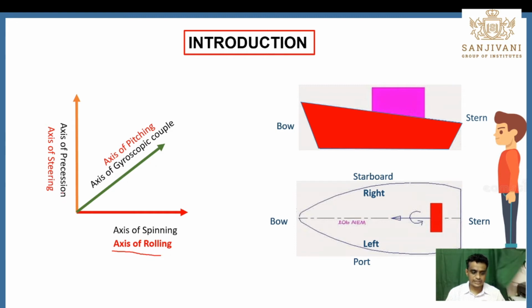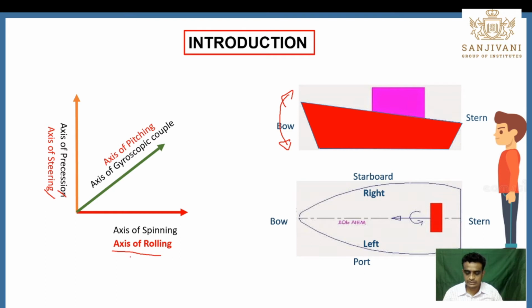Then the ship takes the turn about the vertical axis, which is perpendicular to this plane. This is the axis of precession, which is called the axis of steering. And third, the axis about which the ship pitches like this is the axis of gyroscopic couple, which is also called the axis of pitching.